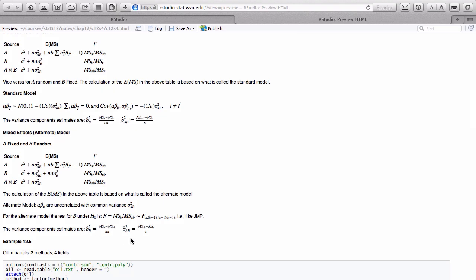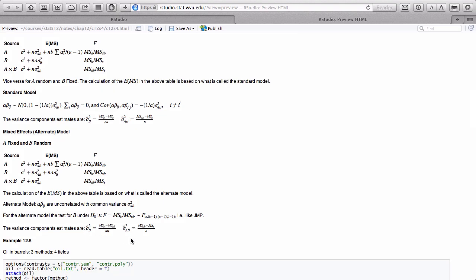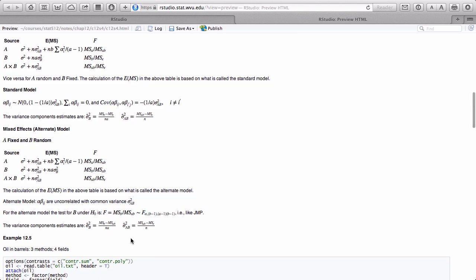This may also affect how you estimate your variance components. Up here, if I'm getting the variance component for B, I simply take the mean square for B minus the mean square residual and divide by n times a. Whereas down here, I'm going to take the mean square for B minus the mean square for A and divide it by n times a.